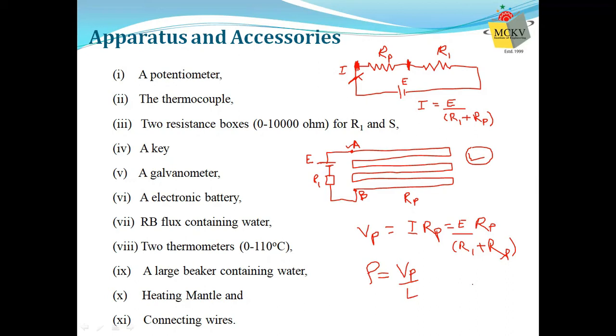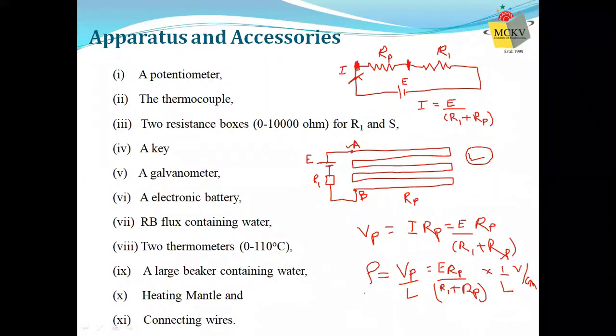So rho is nothing but E into Rp by R1 plus Rp into 1 by L. Volt per centimeter. Is it okay? So this is the potential drop per unit length.